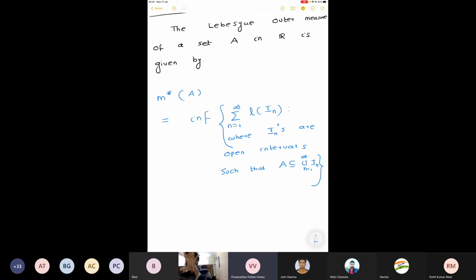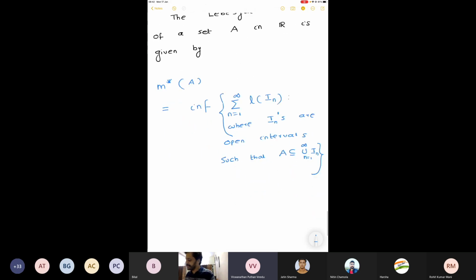And once you fix a collection, for each of the elements in this collection, I should find the length and then I should sum it. And now do it for each possible cover. That's what I have to do. And then take the infimum. Okay, this is the definition of Lebesgue outer measure.